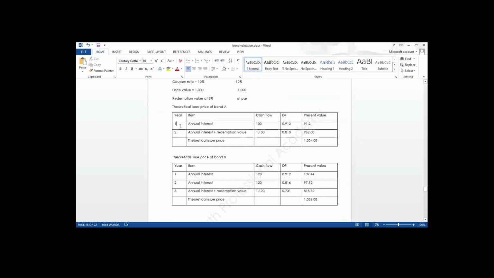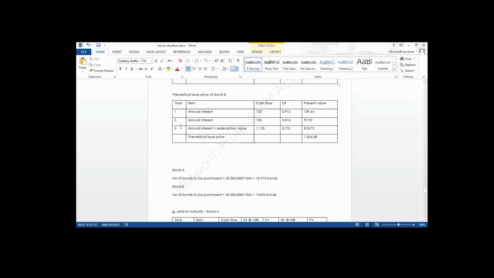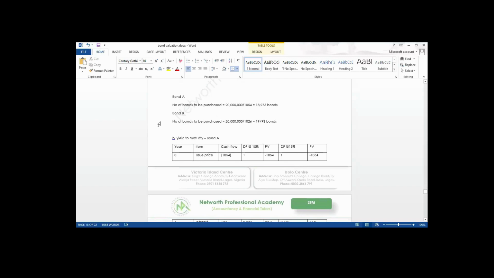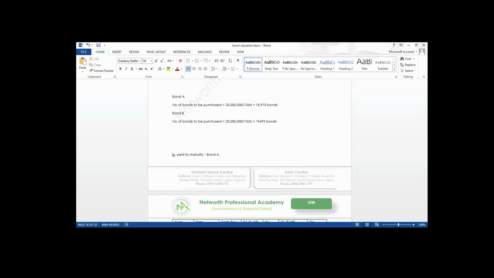Your cash flow in year 0 is the issue price. Look at bond A, please, to manage the time.